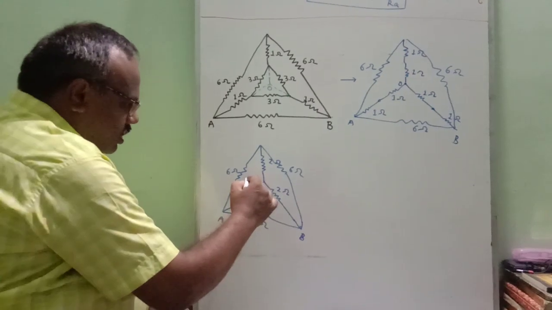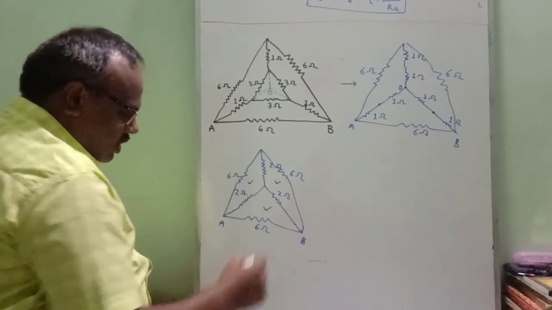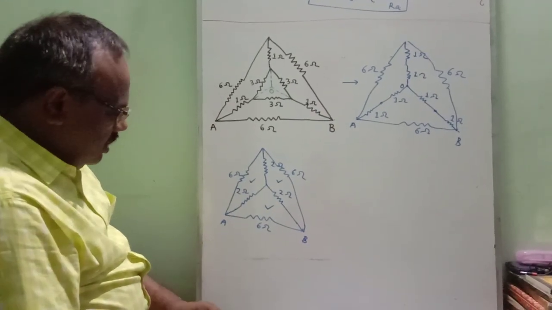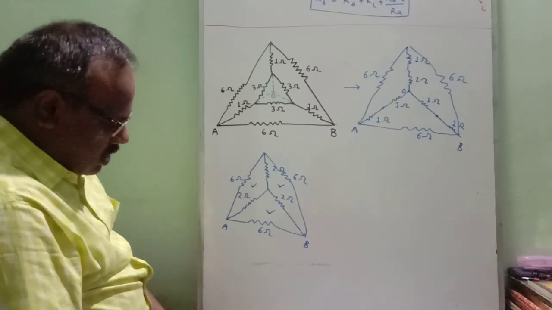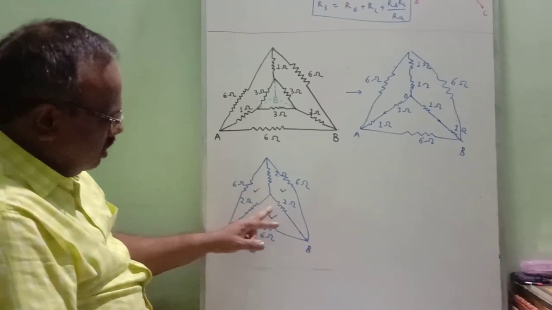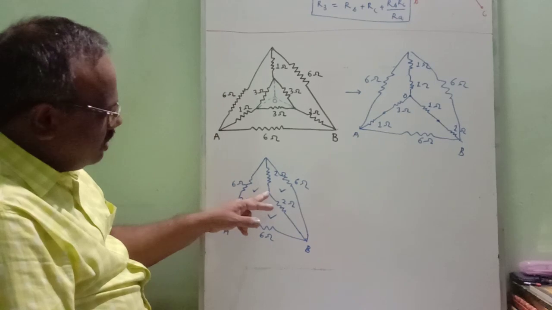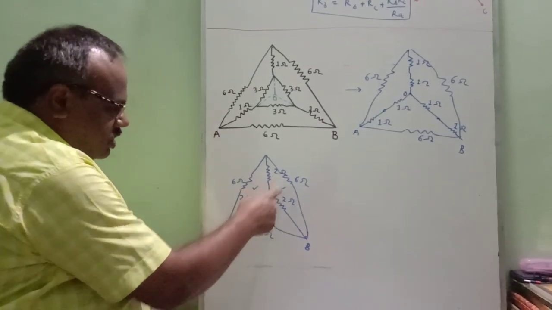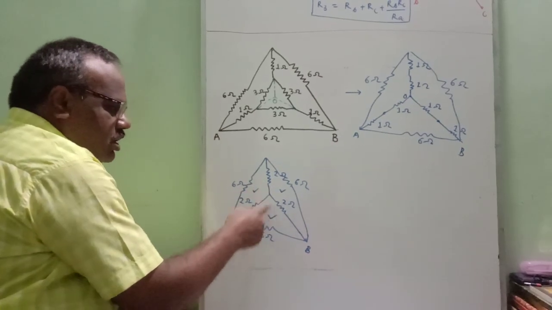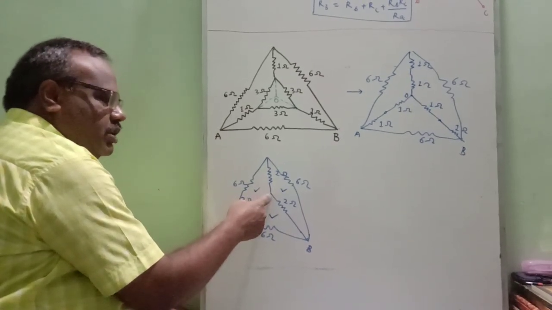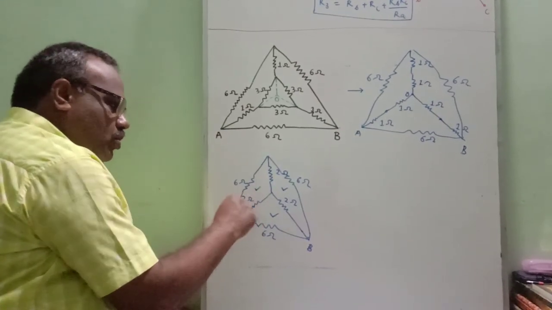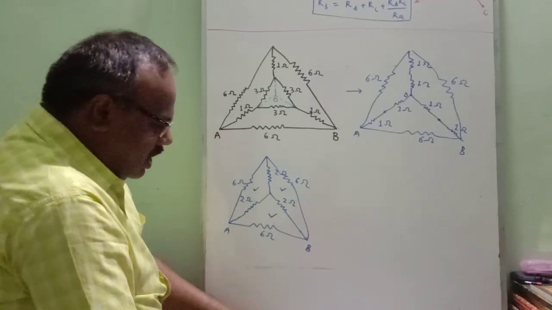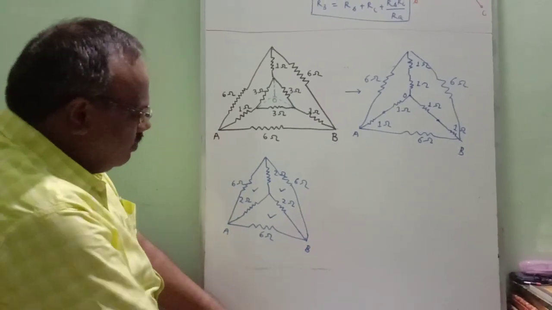This is 1 delta, this is 1 delta, this is 1 delta. If there is 3 delta, then the 3 delta consist of 1 star in between them. This is a star. This is a delta, this is a delta, this is a delta, and these three delta have a star at the center. If this type of three delta are coming, then you solve for the star.